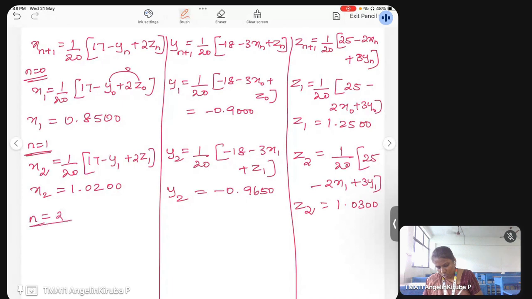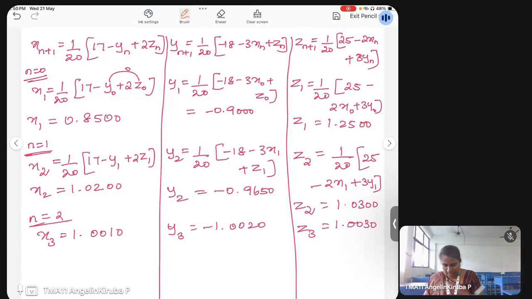Put n is equal to 2. So if you put n is equal to 2, you will be getting x3 1.0010, y3 minus 1.0020, z3 1.0030. Next, put n is equal to 3.